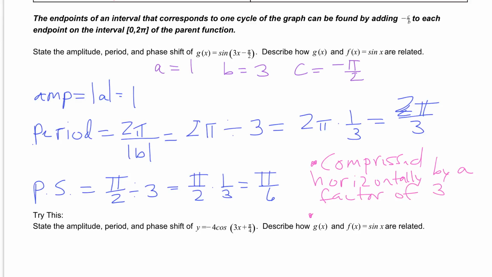And then our phase shift, since it is a positive number, we're moving to the right. And if it is a negative number, we're moving to the left. So this tells us that we have shifted our function to the right by pi over 6.